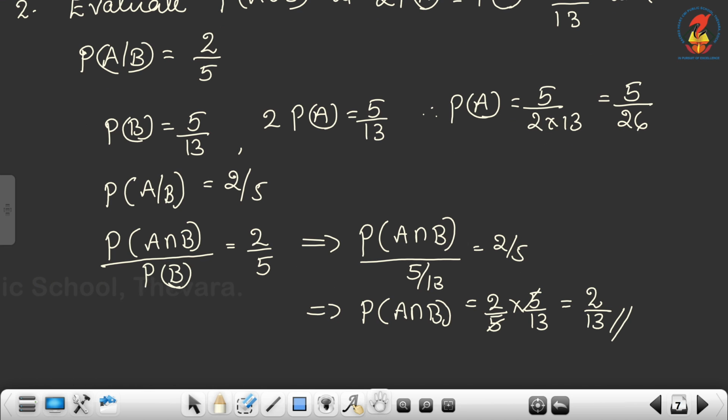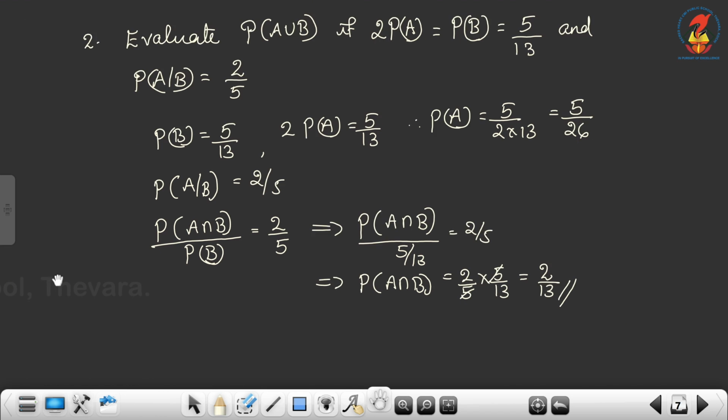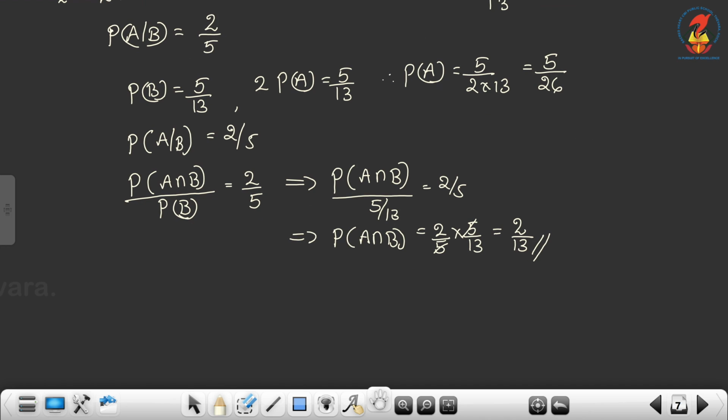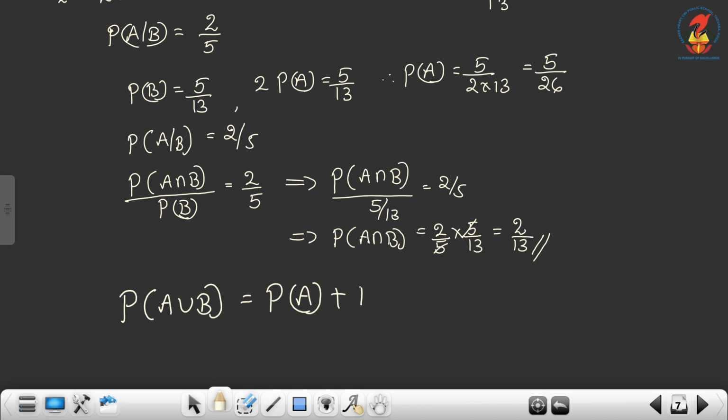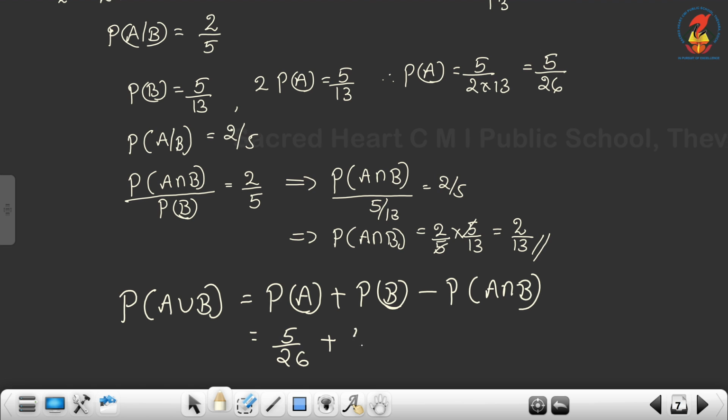Now what we have to find? P of A union B. So P of A union B is equal to P of A plus P of B minus P of A intersection B. So what is P of A? 5 by 26 plus P of B, 5 by 13, minus 2 by 13.